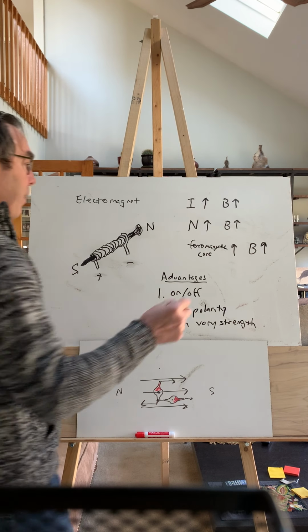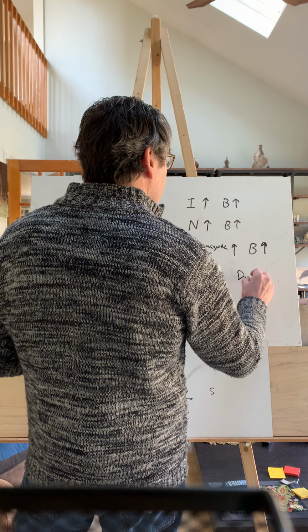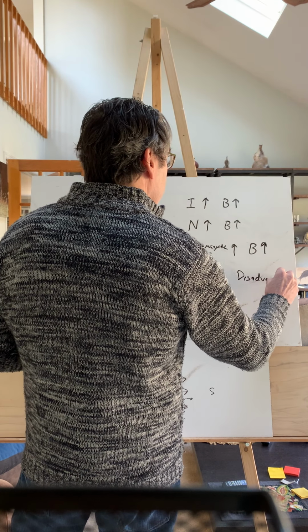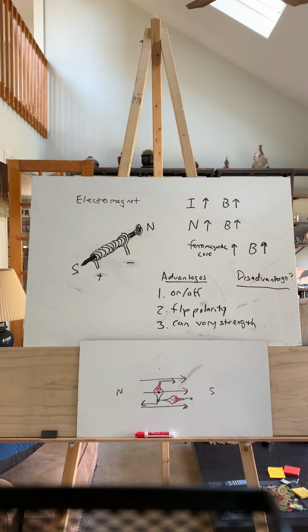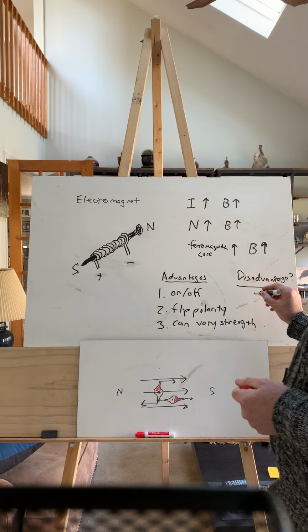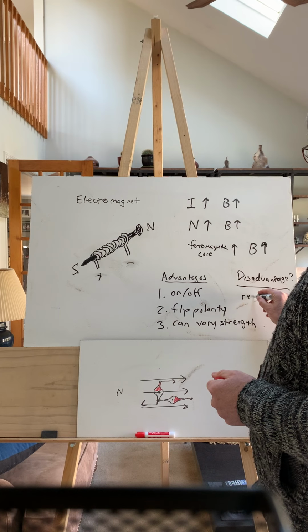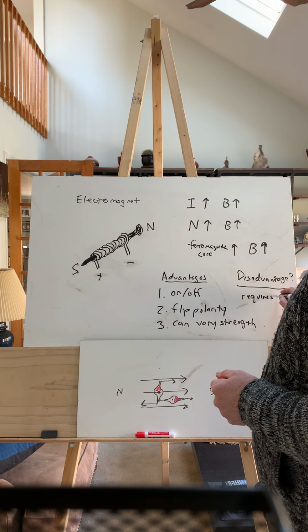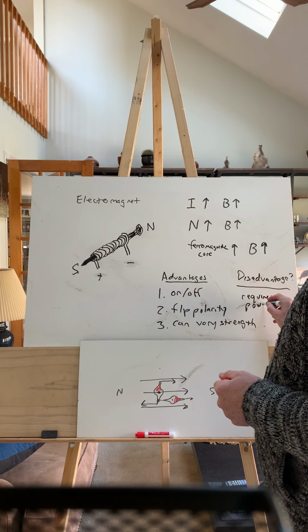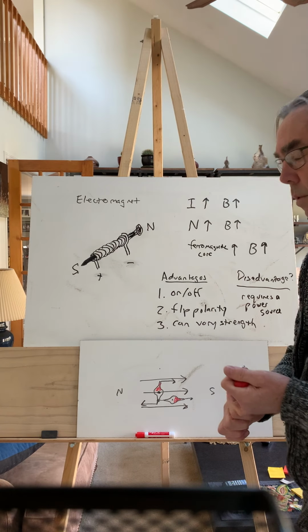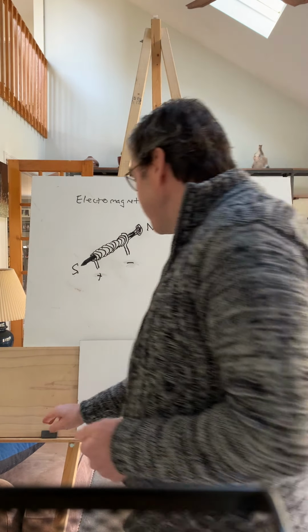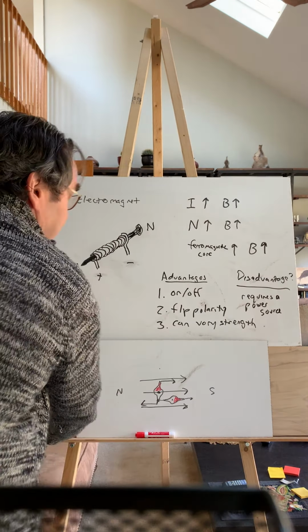Now I wonder if you can think of any disadvantages to the electromagnet. I'll give you a second to think there. The one obvious thing is, it requires a power source. Whereas these permanent magnets, which are just like the ones on your refrigerator, do not require a power source.